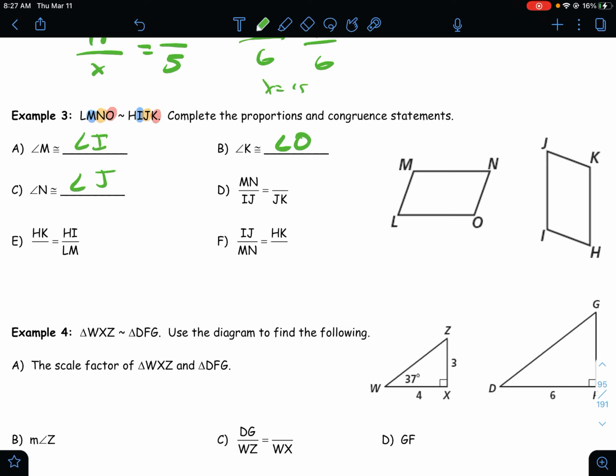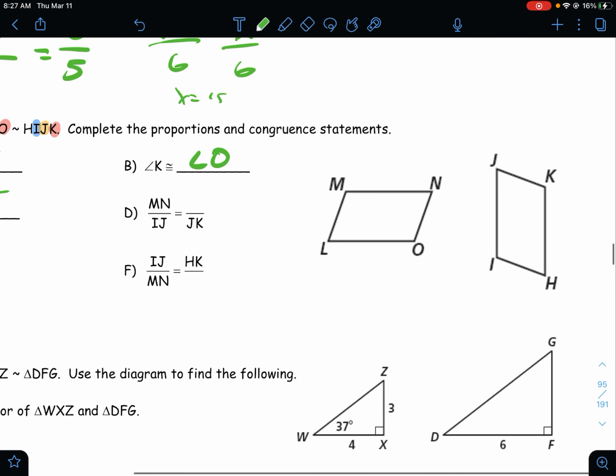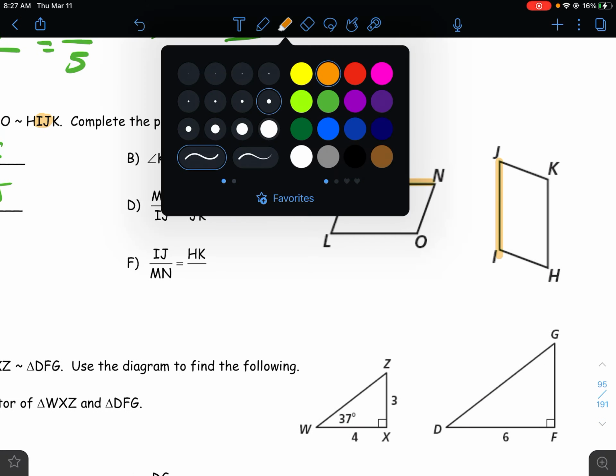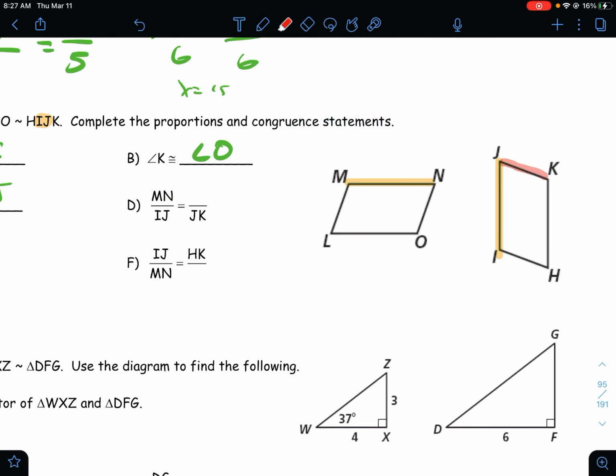All right. So now let's go ahead. We have MN over IJ. So let's kind of mark this down. We have MN, which is this guy, and IJ, which is this guy. And if you look, MN and IJ are both first and second, first and second. All right. Now we've got JK. So we got this guy here.